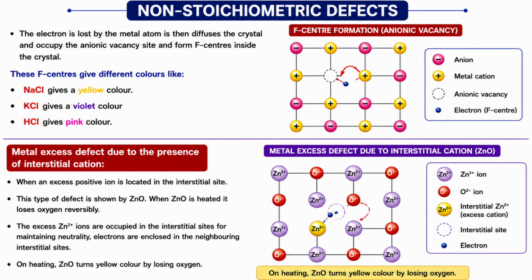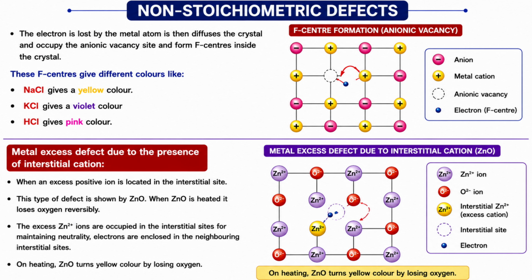These F centers give different colors: NaCl gives yellow color, KCl gives violet color and LiCl gives pink color. Now, metal excess defect due to presence of interstitial cation.